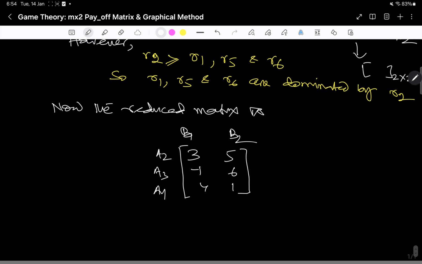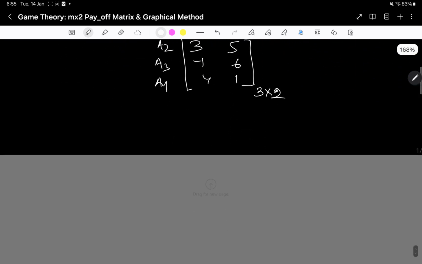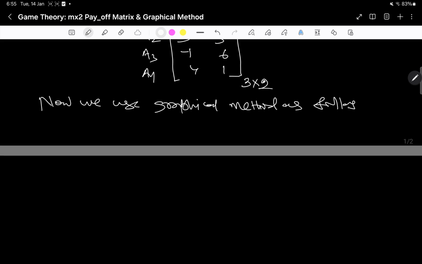So now let us draw the graph. We are now reduced to 3x2. Here we use the graphical method as follows.